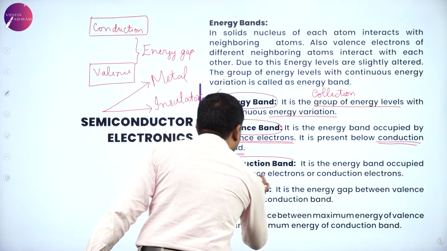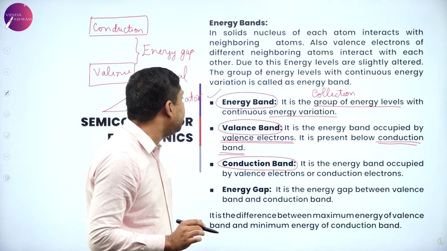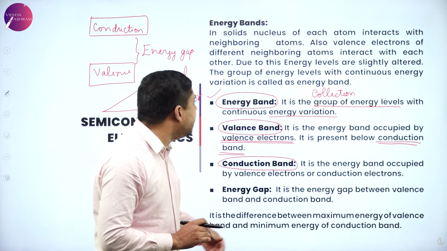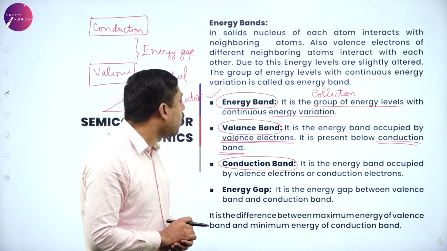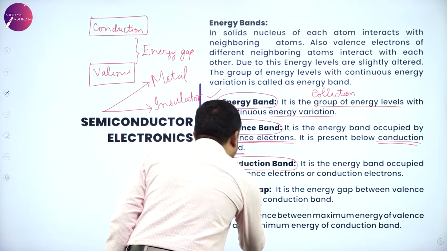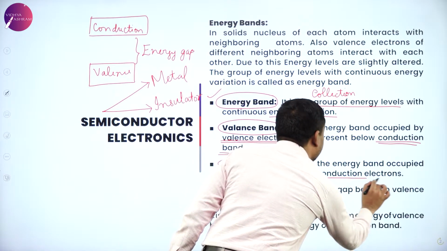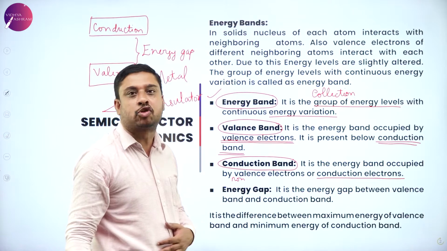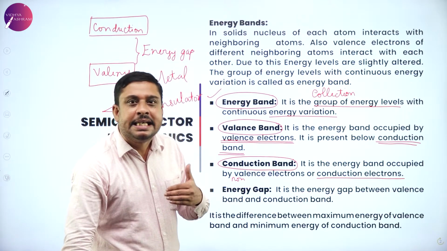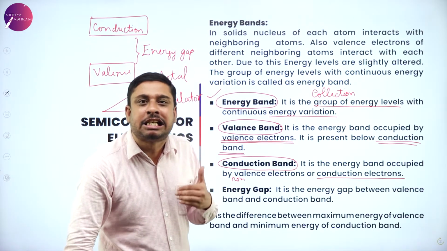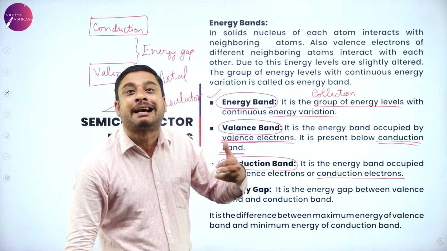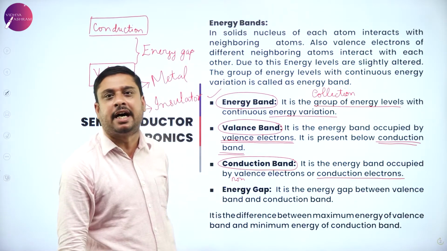Now, what is the conduction band? It is the energy band occupied by the non-valence electrons, or what we call conduction electrons. Conduction electrons are the charge carriers responsible for current in a semiconductor.